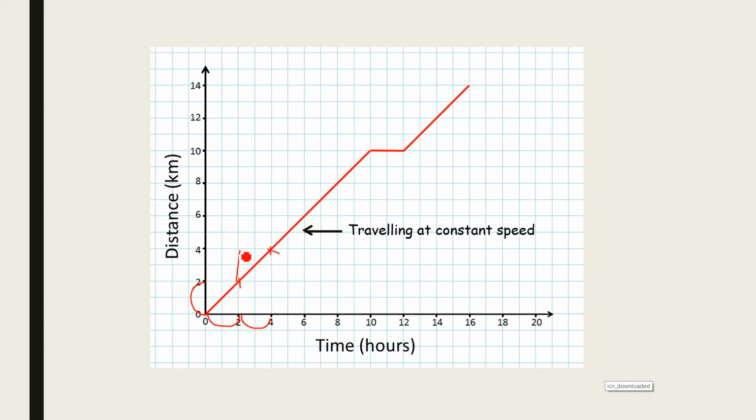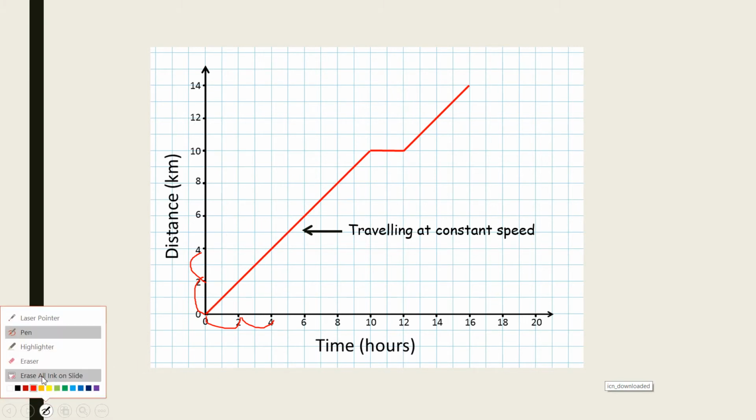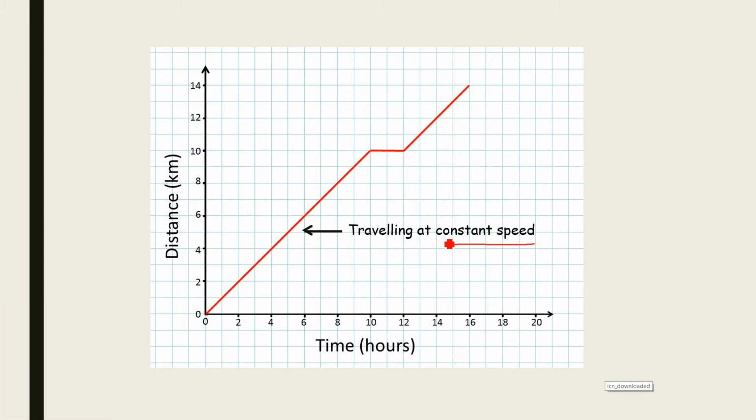And during the third 2 seconds, this interval of time, the car also moves from 4 to 6. So the car is covering equal distances in equal intervals of time. So we say that the car here is moving at a constant speed.